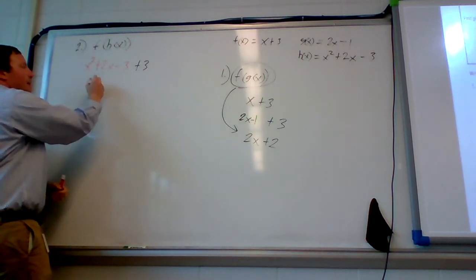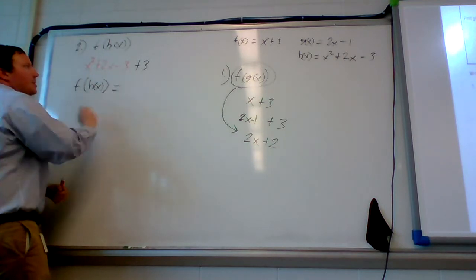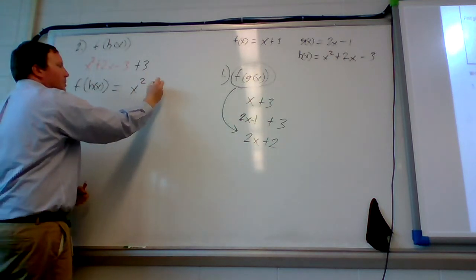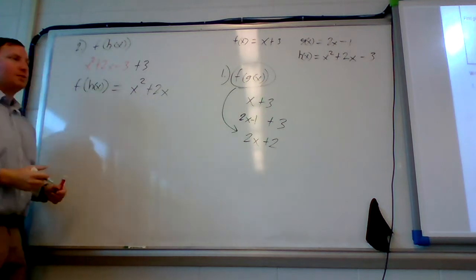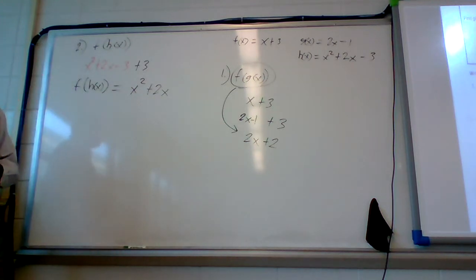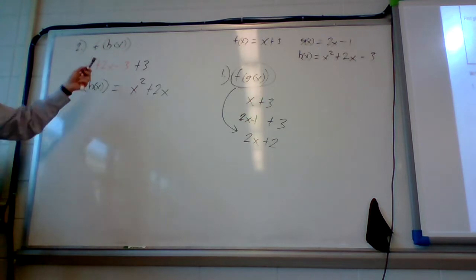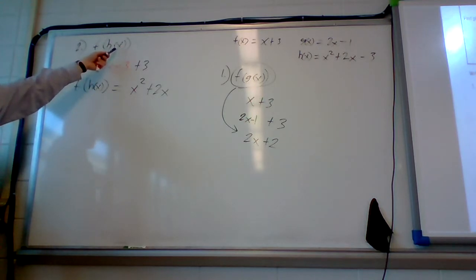Those two things cancel out. So f of h of x is going to be equal to x squared plus 2x. So again, all we're really doing is substituting in a different function for the value of x.